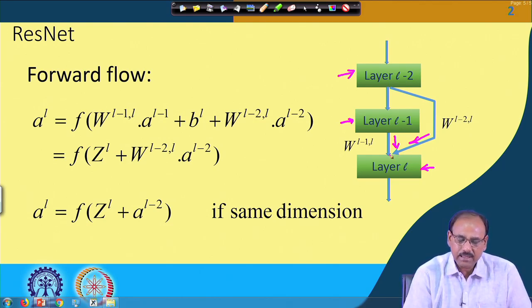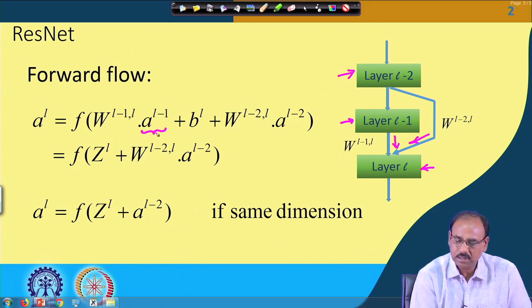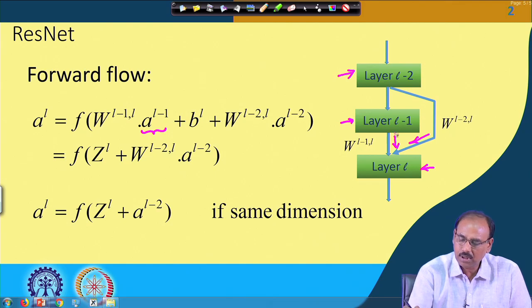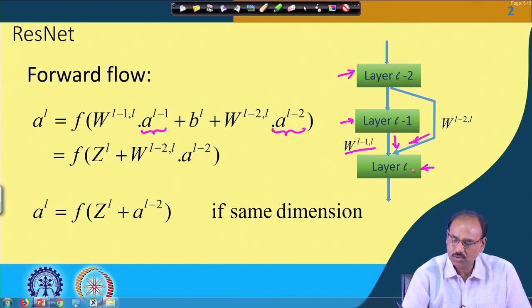So if I assume that the activation output of layer L minus 1 is A(L-1), and the activation output of layer L minus 2 is A(L-2), and the connection weights from layer L minus 1 to layer L are given by W(L-1,L), and the connection weights from layer L minus 2 to layer L are given by W(L-2,L).